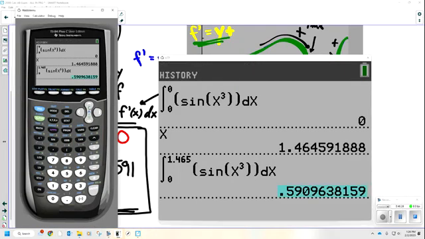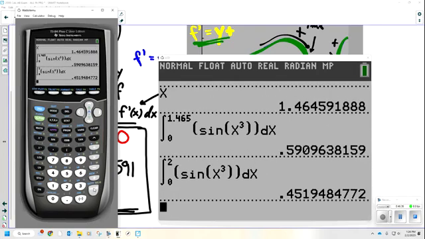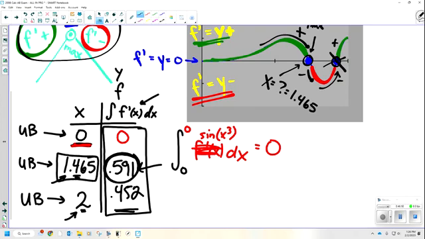Let's go here, hit enter, and I'm just going to go back and change my 1.465 to 2. 0.452. Okay, I'm going to round that to 2. So 0.452. This is a smaller y value, so the biggest maximum point happens at 1.465.